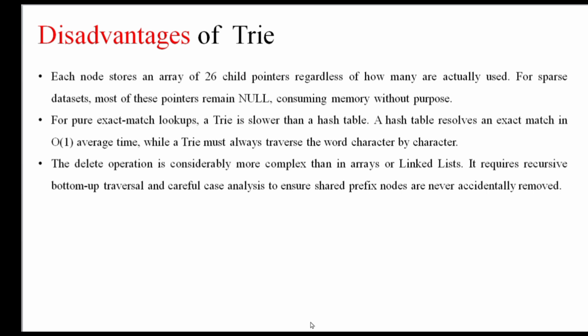It does not matter if we use them or not. Secondly, exact match searching in a trie can be slower than a hash table. A hash table can find a word in O(1) every time, but a trie must always go through the word letter by letter, which takes more steps.